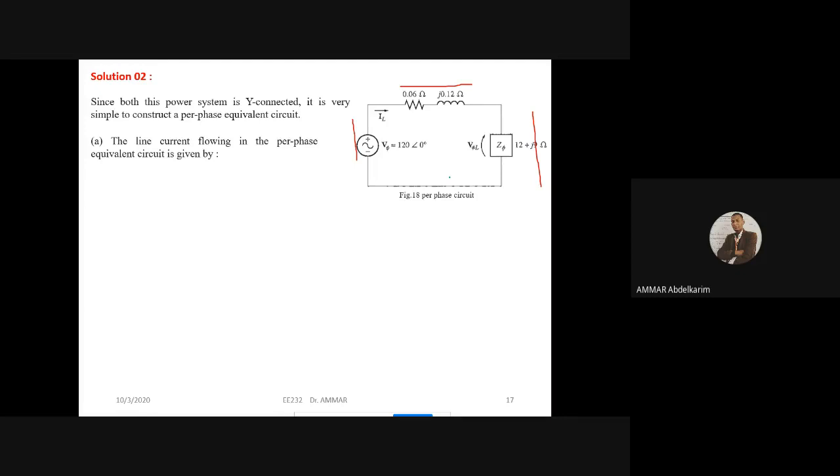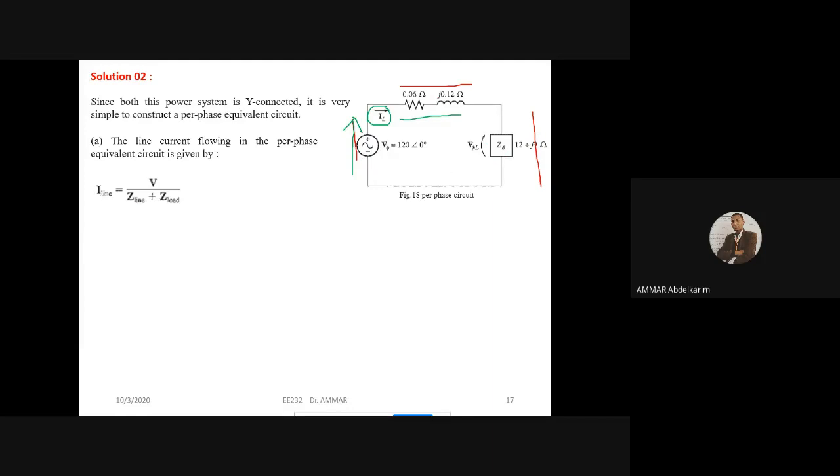Now the line current flows in the per phase circuit. Because it's a Y connected system, the line current is the same as the phase current. It equals V over Z total, the Z of the line plus the Z of the load.